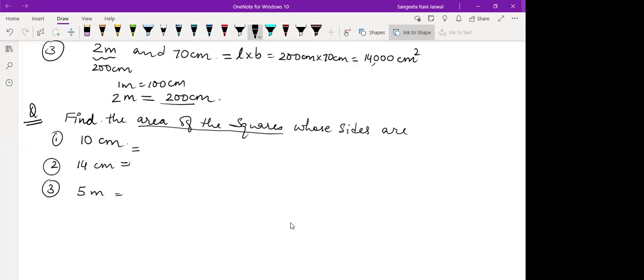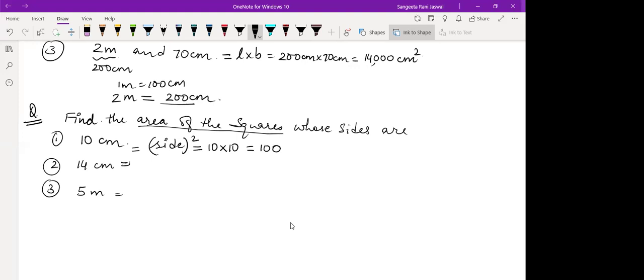Ma'am, area of a square is equal to side into side, which is 10 into 10, which is 100 centimeters square. No, 10 into 10 is 100. It's not 10 plus 10.